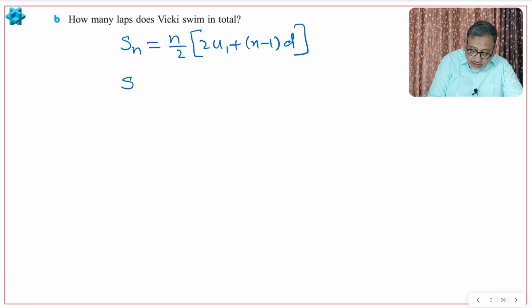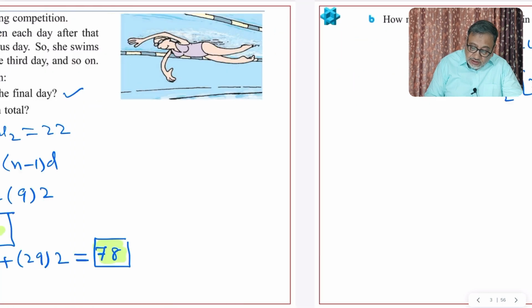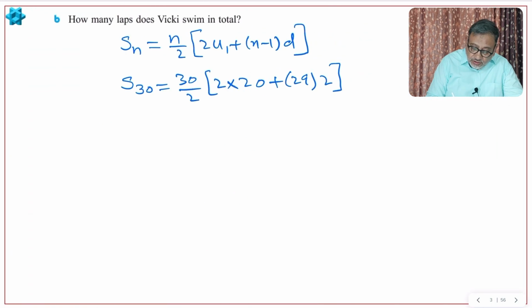So S30 is 30 by 2 into bracket 2 into u1, u1 is 20, plus n minus 1, 30 minus 1, 29, times 2, d is 2. Let me check again. Yeah, d is 2. So this we have to find finally.